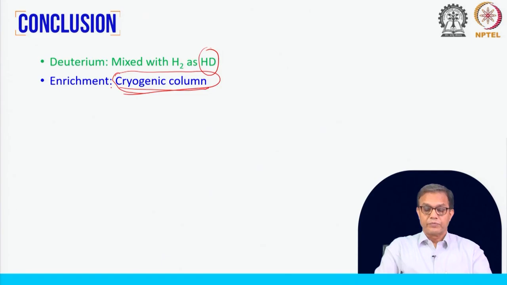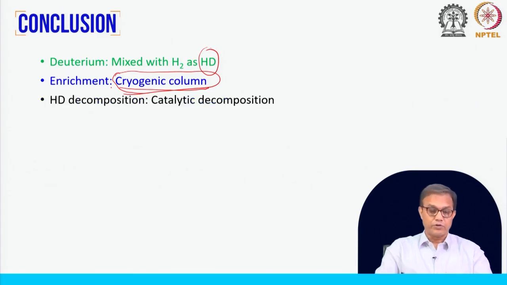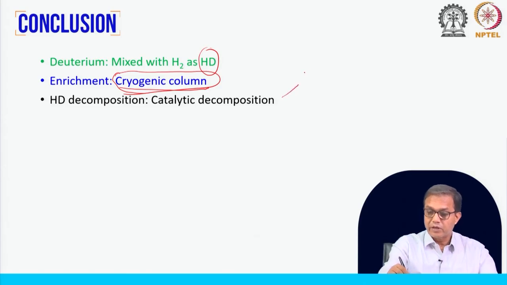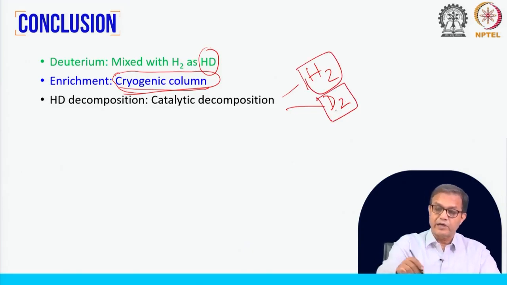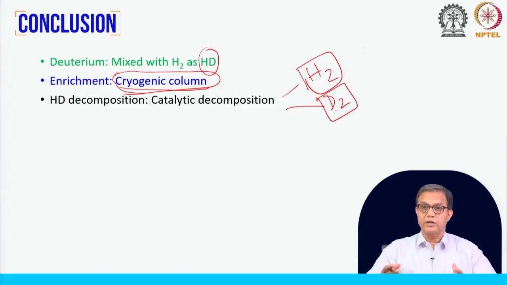We can enrich it to nearly 95%, as we have seen with an example, depending on the column construction. Once we have the enriched hydrogen deuteride, we can decompose it using a catalytic decomposition. In the catalytic reaction we have seen it is basically a mixture of hydrogen, deuterium and hydrogen deuteride.